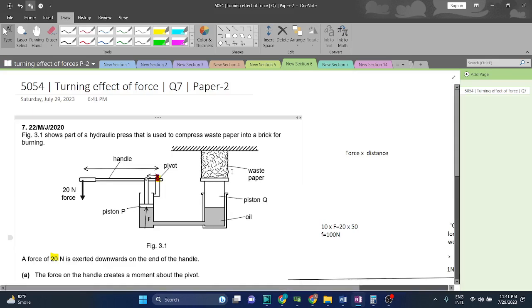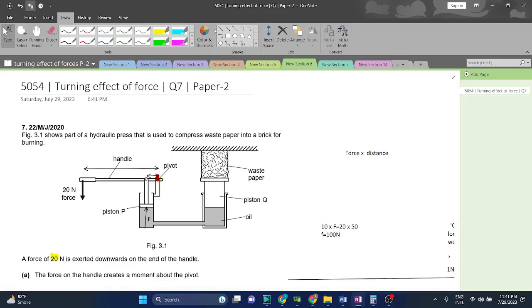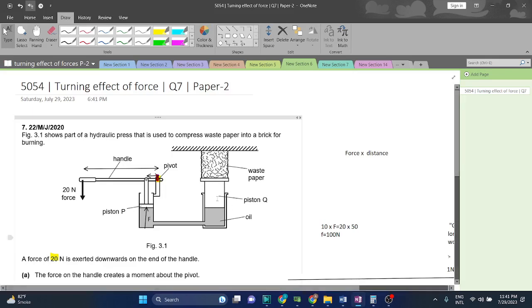Pressure is equally distributed. जितना इधर प्रेशर है उतना इधर प्रेशर है. ठीक है ना. So the only thing which is changing is the area. इसका जो एरिया है it is much larger than इसका एरिया.